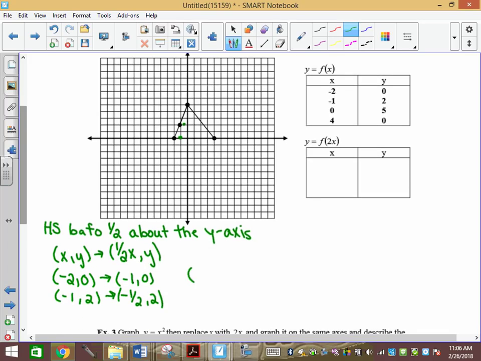This is 0 and 5, which is going to be 0 and 5. It remains invariant because my x is 0. When I multiply anything by 0, it stays 0. And then this one is going to become 2, 0. What axis am I stretching it about? Y.